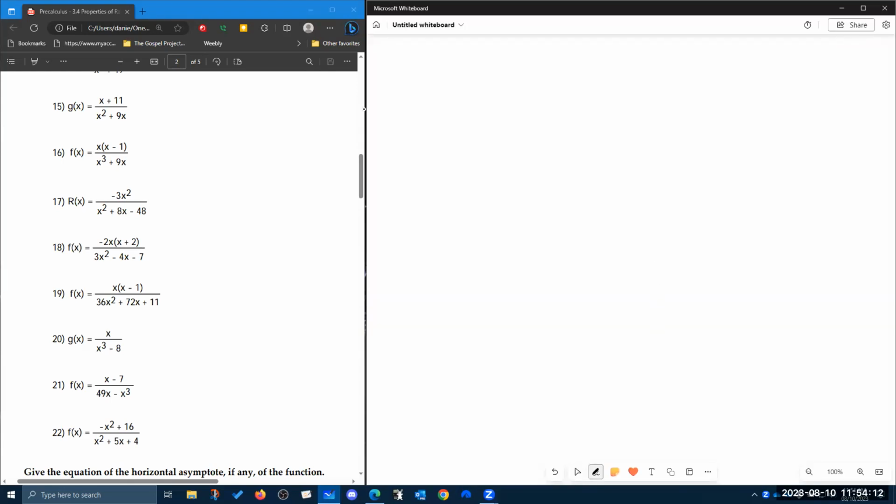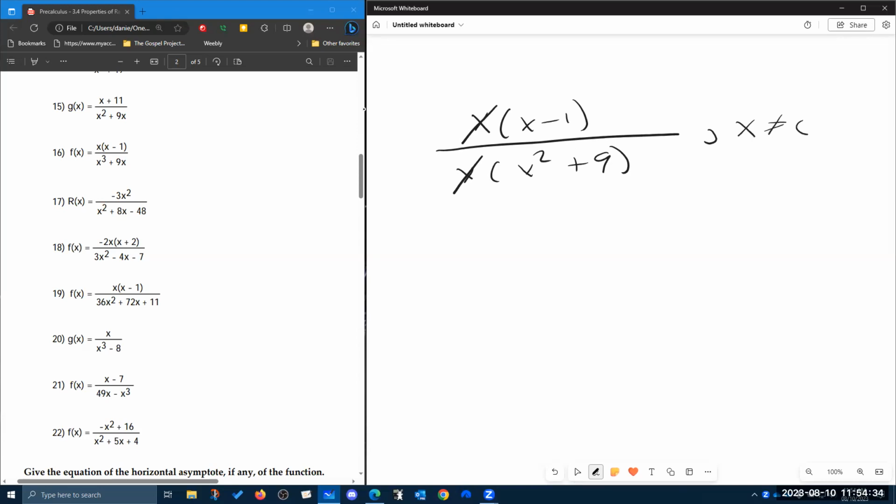So let's try and get it completely factored before we answer the question. Like so. And then I would remove that common factor, but I would keep over here off to the side my restricted domain, that x can't be equal to 0, because I'm still not allowed to divide by 0.